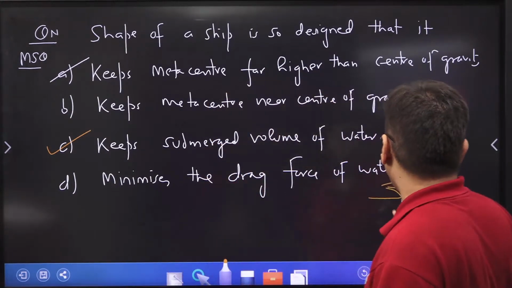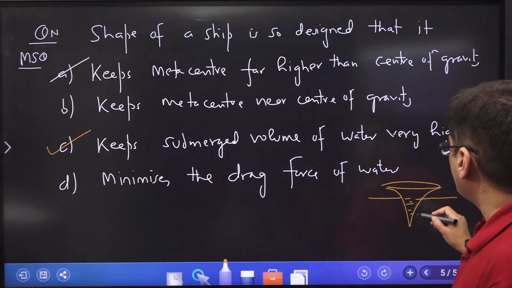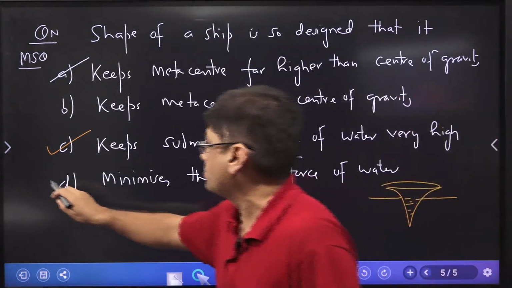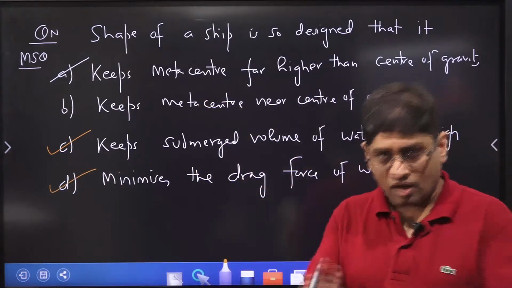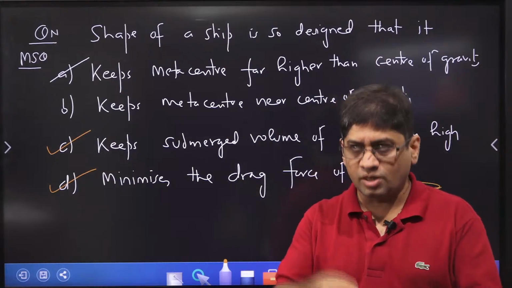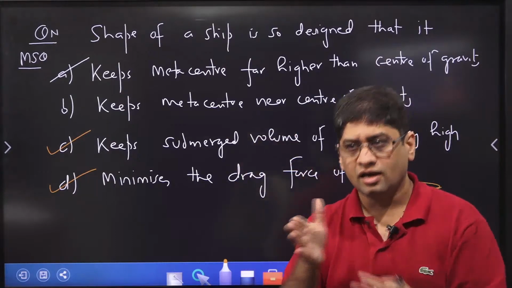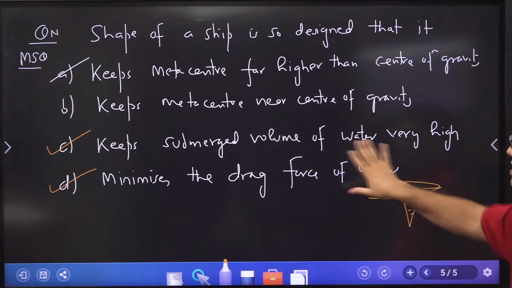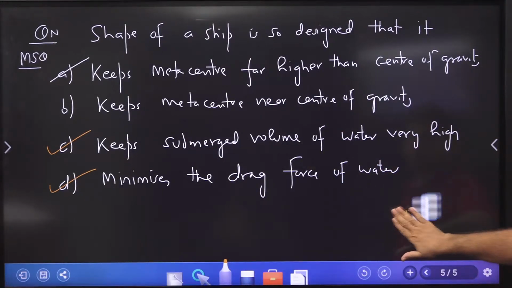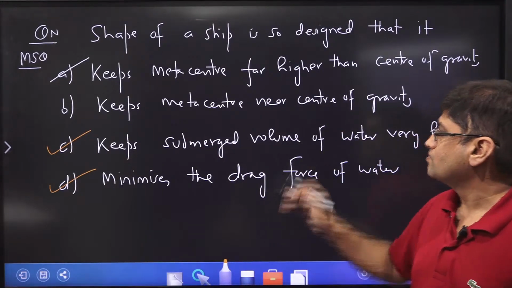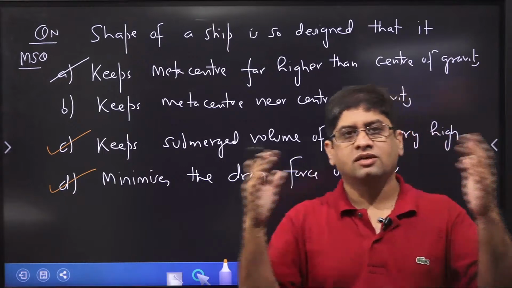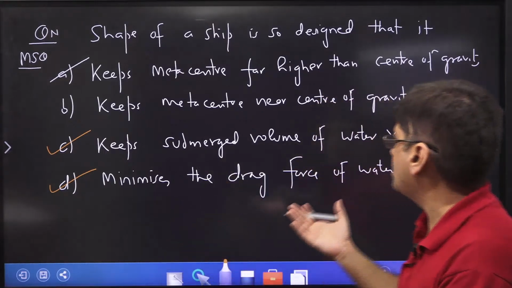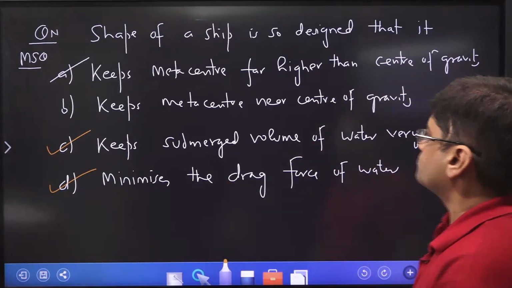And third, yes, I want to minimize the drag force also. जब ship आगे जाएगी तो ड्रैग फोर्स लगेगा, तो शिप इस तरीके से जाएगा लिक्विड के अंदर से कि वो वाटर को कट करता हुआ जाए. So drag force is also to be minimized.